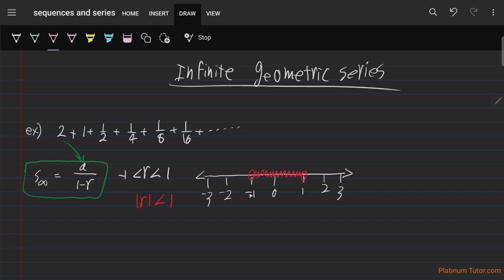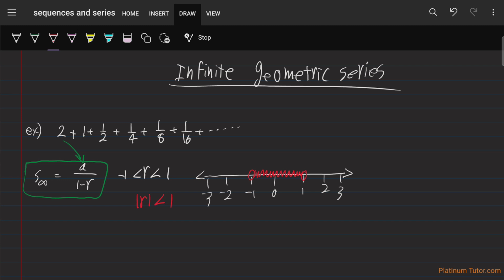It can't be equal to -1 or equal to 1. But as long as the common ratio is anywhere between -1 and 1, then we'll be able to use this formula. Okay? All right, so let's do a quick example of this.